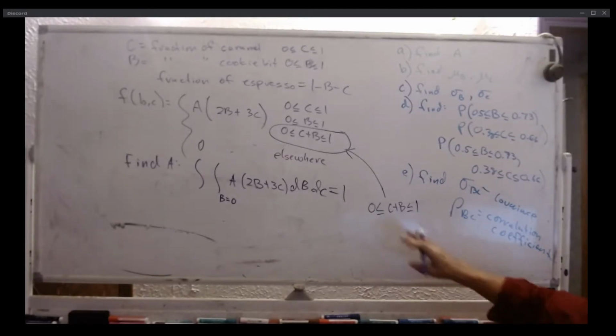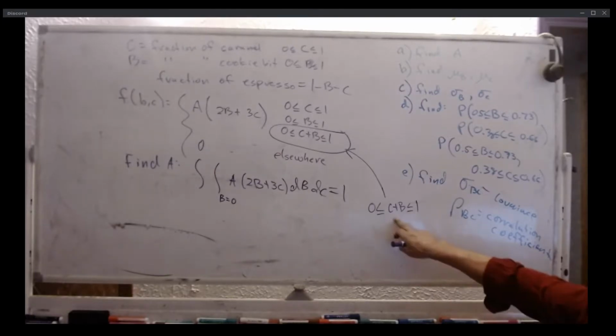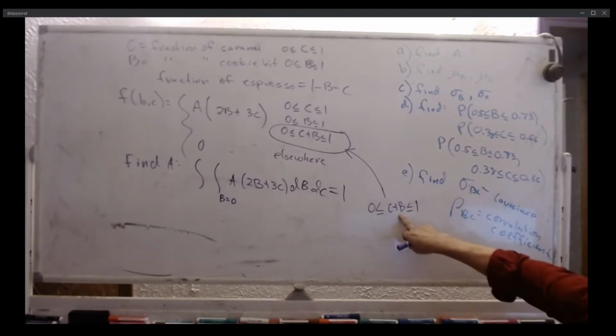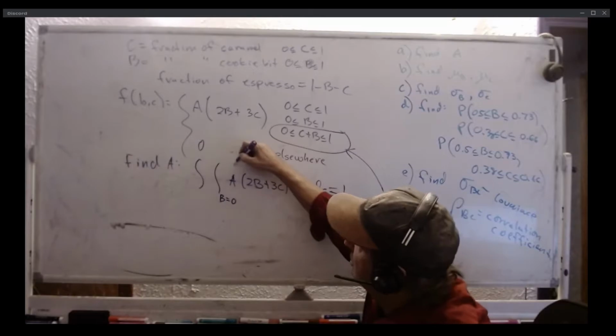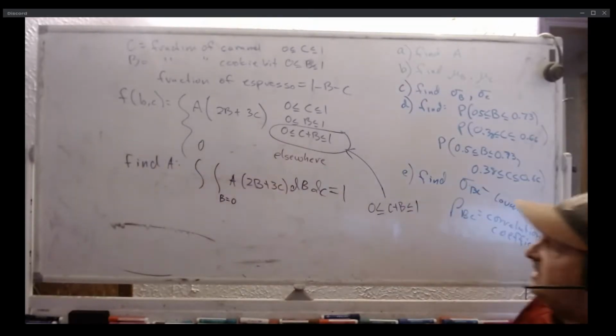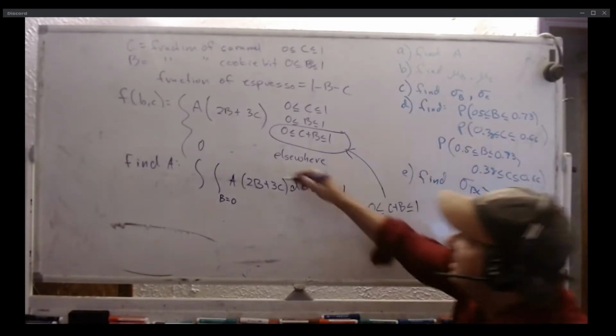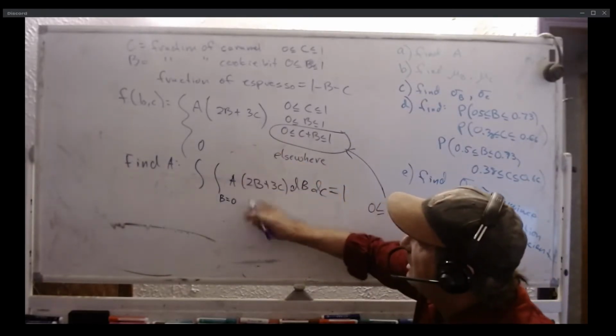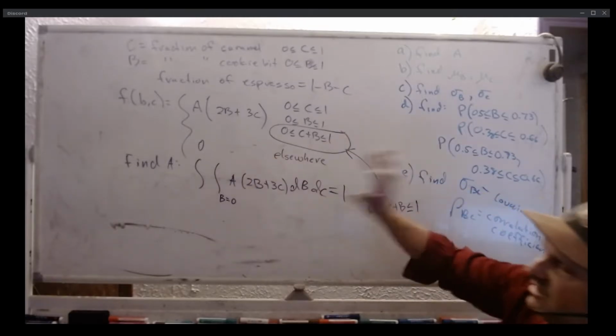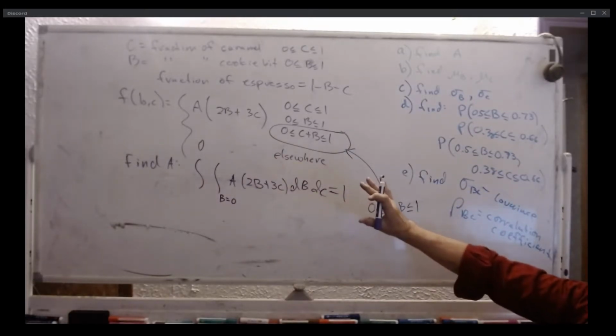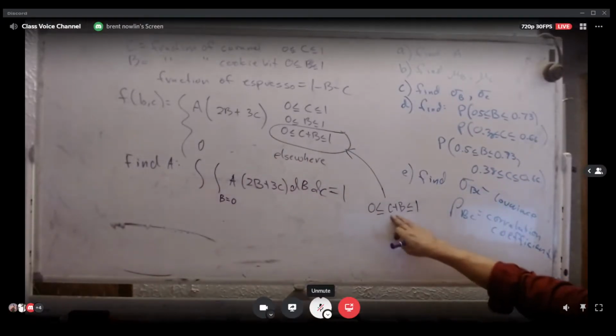All right. Now, gentlemen, we want to get B by its lonesome, don't we? Because this value up here depends on what B can go to as the upper limit. This has B and C. So how do we get B by its lonesome?